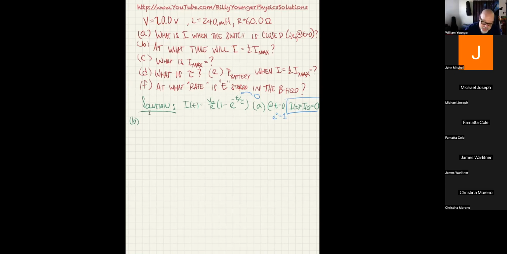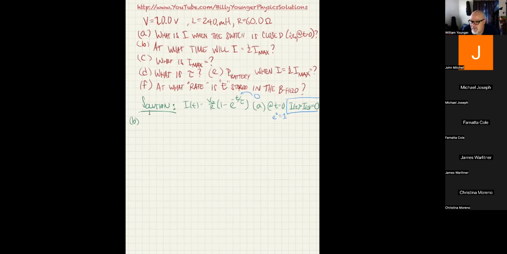if you look at that I as a function of time, you could take the limit of that I as t approaches infinity. And basically what you'd see is you've got V0 over R times parentheses 1 minus the limit as t approaches infinity of e to the negative t over tau.